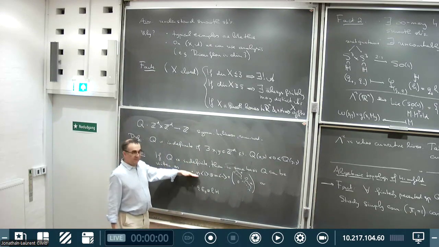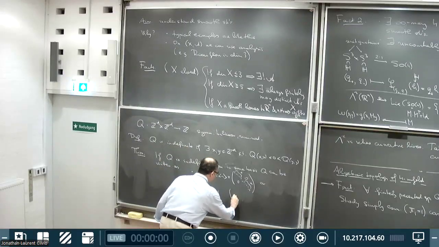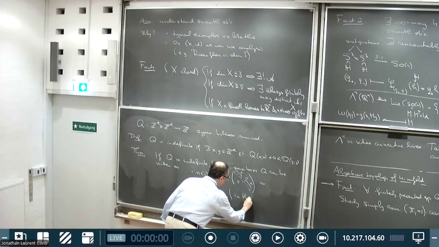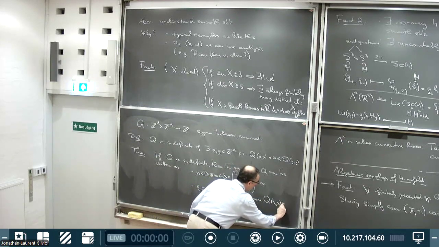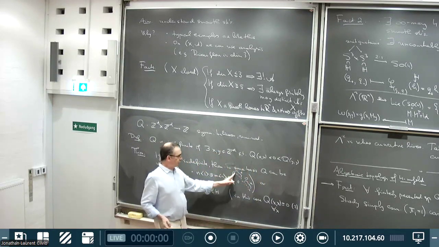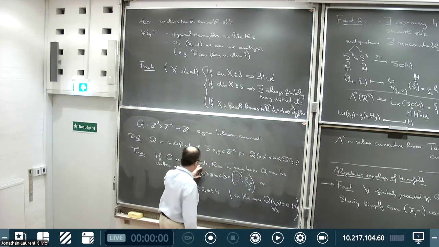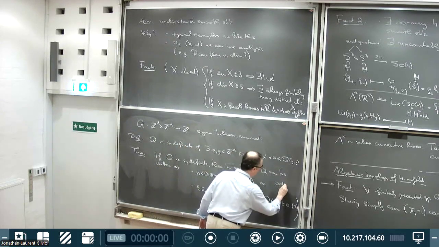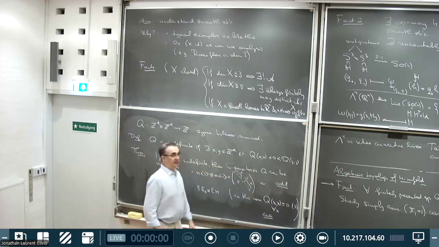The distinction between the two is that in this case, Q(x,x) is even for every x. And in this case, this is not true. Of course, you take the first vector, and this has Q(x,x) = 1, so this is an odd number. So these forms are called odd, and these are even symmetric forms.